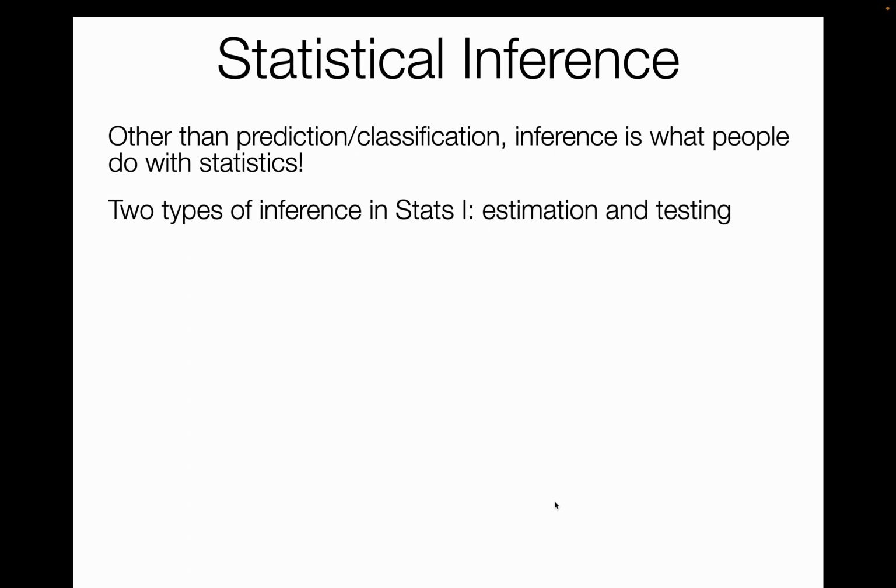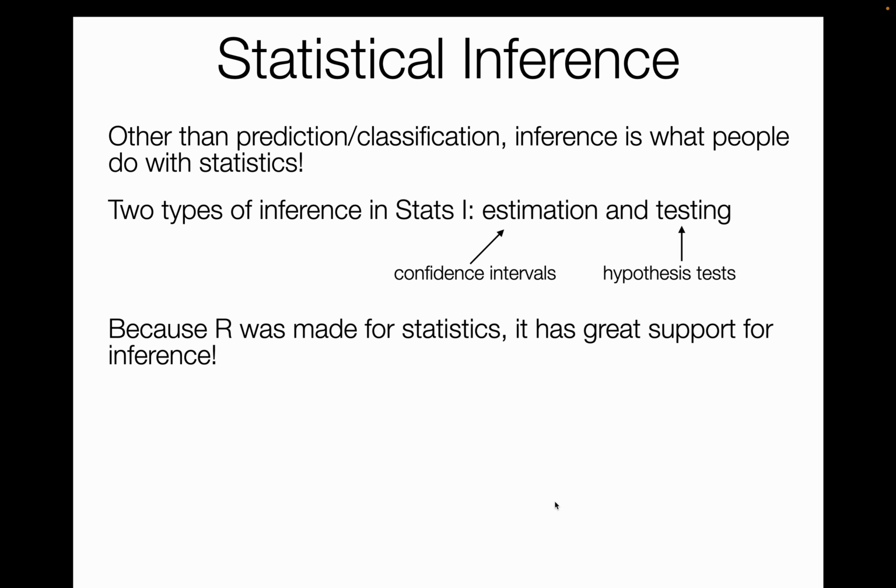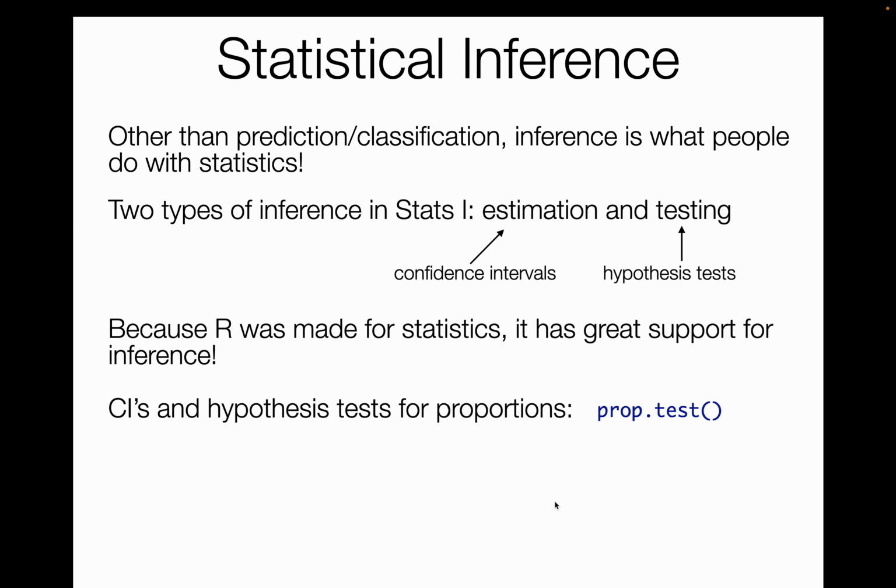There are two types of inference in traditional introductory stats. In Stats 1, which is sort of what we assume that you have here, that is estimation and testing. Estimation is confidence intervals. Testing is hypothesis tests. Okay. R was made for statistics, as I've said multiple times already, and so it has great support for inference.